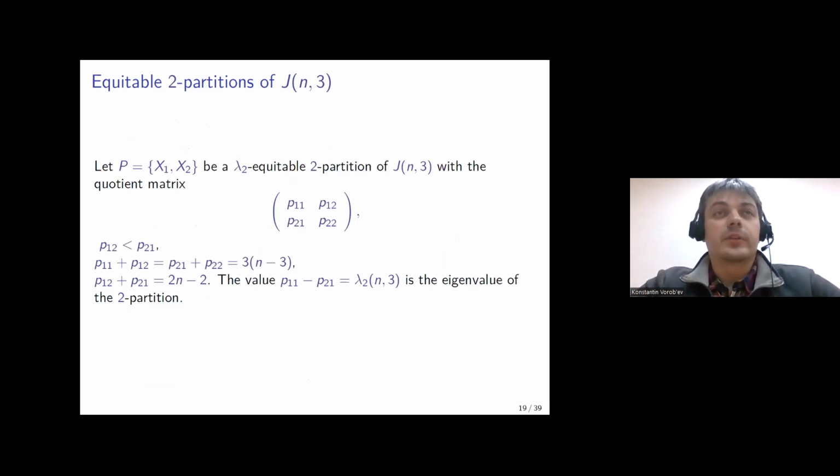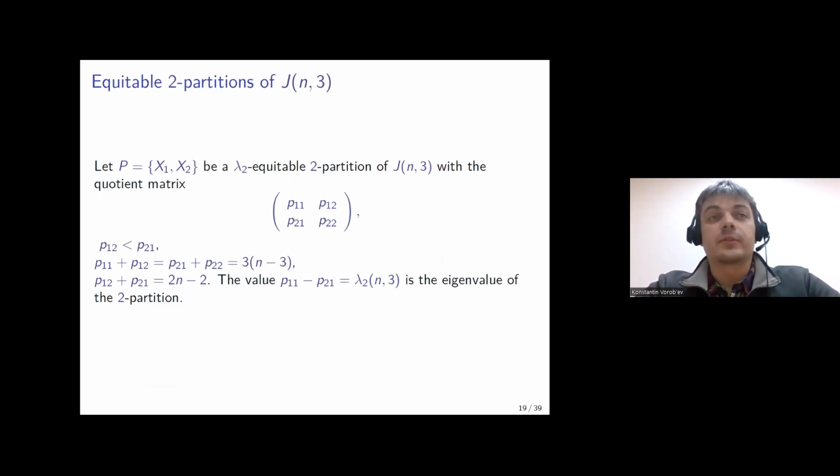Okay, so let me remind you what we know about equitable two-partitions. Now we will consider only equitable two-partitions with the eigenvalue lambda 2. I will explain why a little bit later. So we have a partition X1 and X2, with quotient matrix P11, P12, P21, and P22.